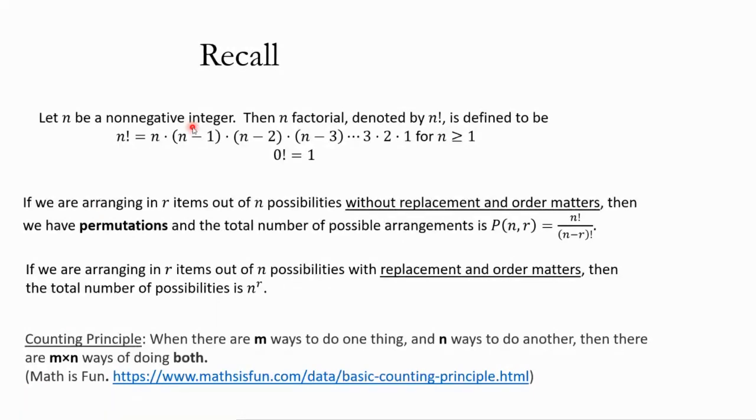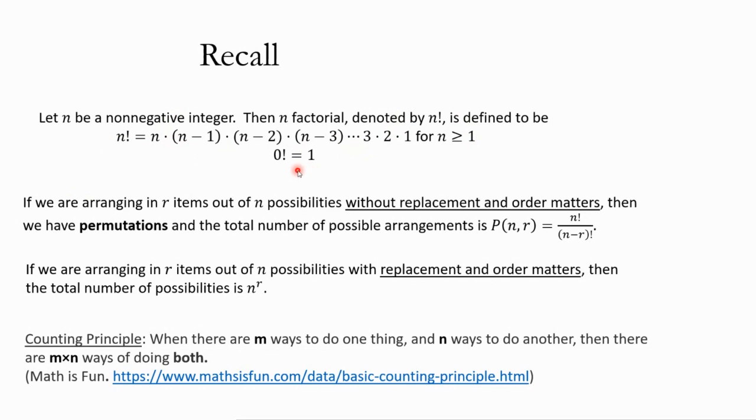If n is positive, meaning n is greater than or equal to 1, then n factorial, you basically multiply all the positive integers less than or equal to n together. That's how n factorial is defined if n is greater than or equal to 1.